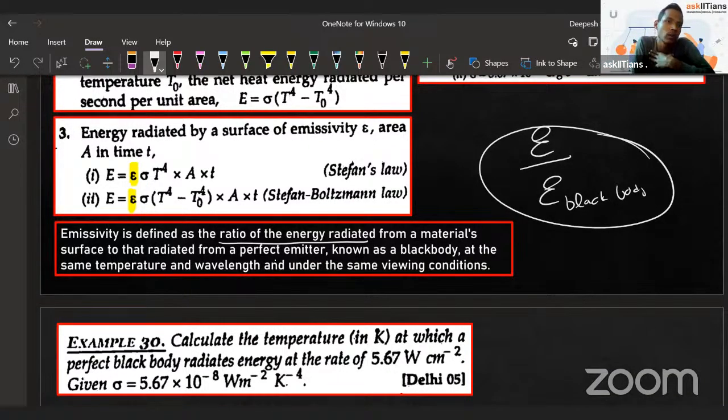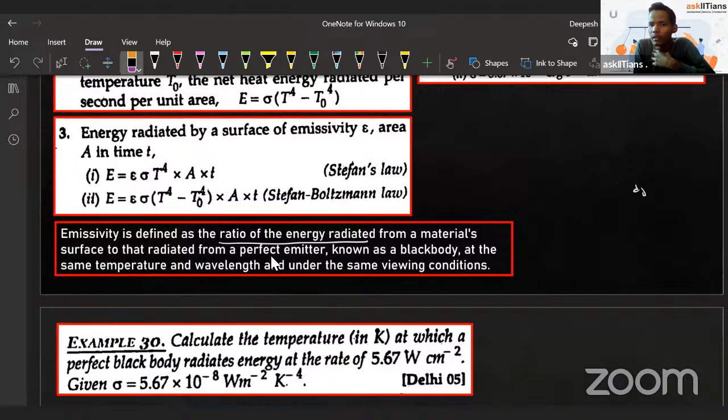The ratio is known as emissivity. It's like relative density, when you compare the density of any other thing with respect to water. It's like that only. Everything is the same. You just add the factor emissivity as well as area into time. This formula is not per unit area, per unit time, that's why you're multiplying by area and time.